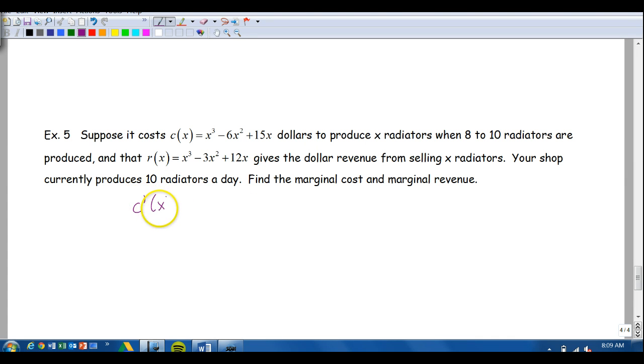So marginal cost equation is equal to 3x squared, I'm just taking the derivative of the cost equation, minus 12x plus 15. And if I want to know the marginal cost of producing one more unit at that stage, when we're at 10, I'm going to plug 10 in. So if I want to produce one more unit, it'll cost me $195.